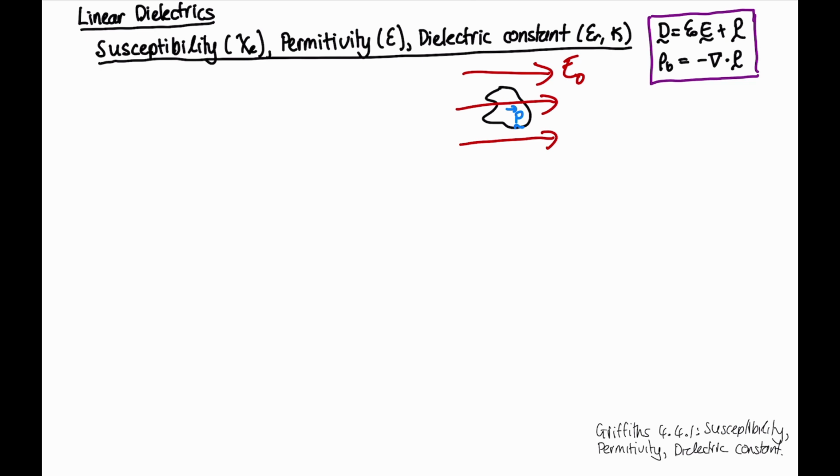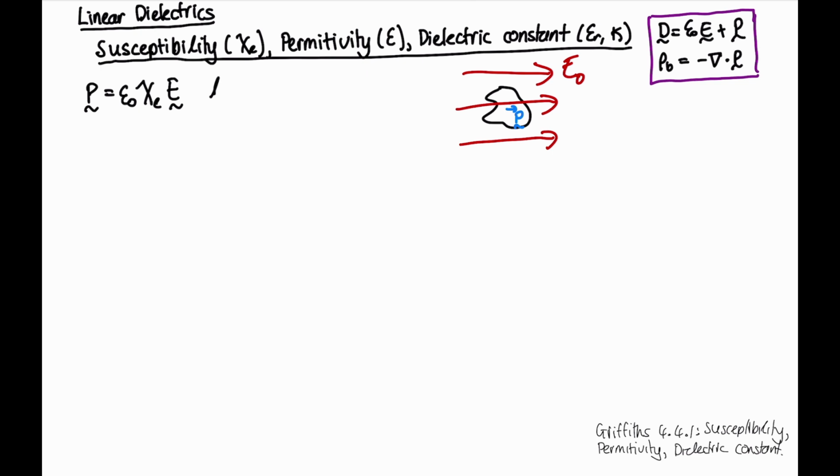So an equation we can write down to relate the polarization and the electric field is that P is equal to epsilon naught times this susceptibility, which is the Greek letter chi with a little subscript E, times the electric field. And this is not for all dielectrics.